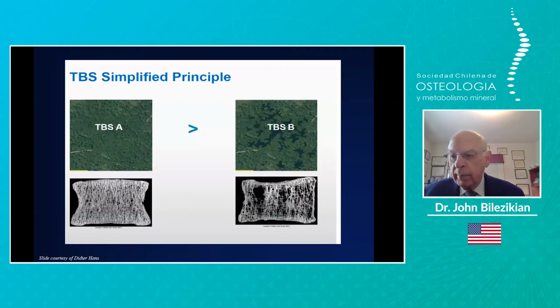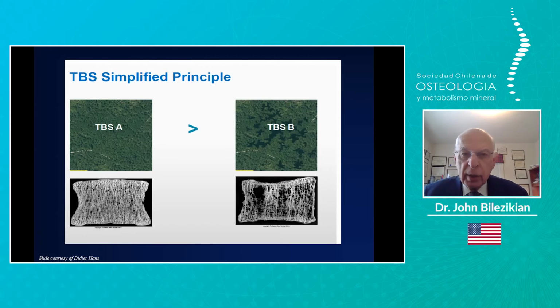I think some of you may be familiar with it. It is an imaging modality based on the DEXA image, and you can see the examples of A and B. B represents a very heterogeneous pattern, much more consistent with an osteoporotic picture, if you will.